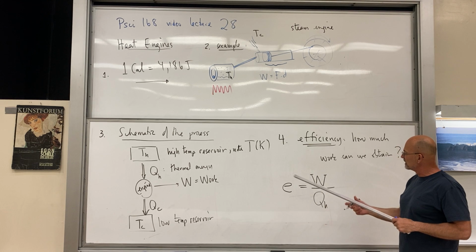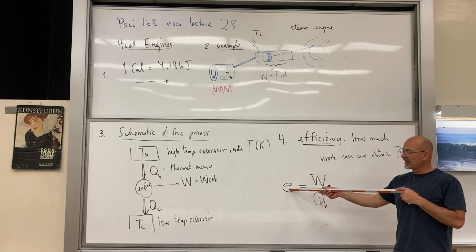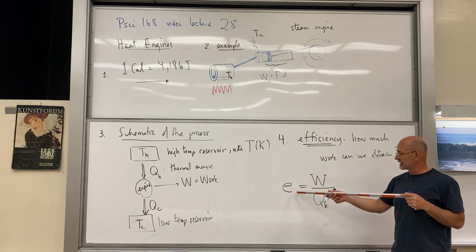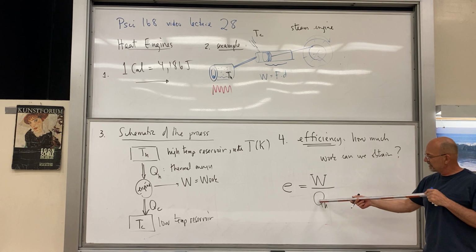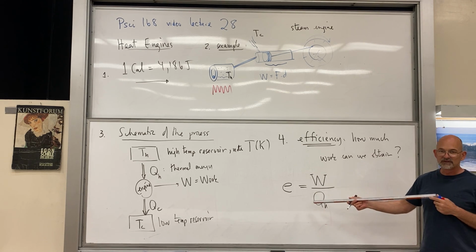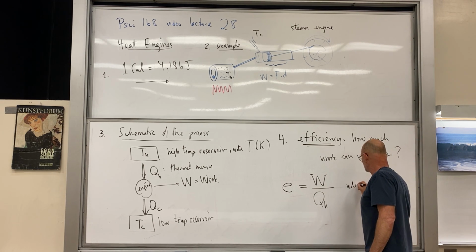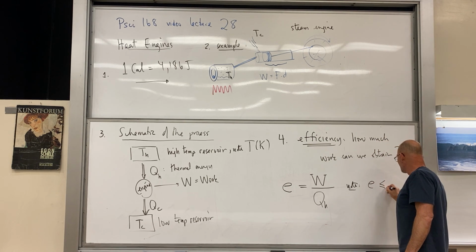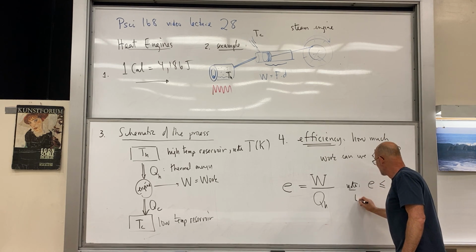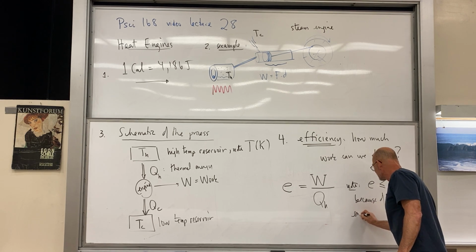And it's clear, and I'll make that explicit as well, that this number is less than or equal to 1. Why can you not get more work than you put in as thermal energy? Because of energy conservation, right? That's impossible. So, important note, E is in principle less than or equal to 1 because of energy conservation.